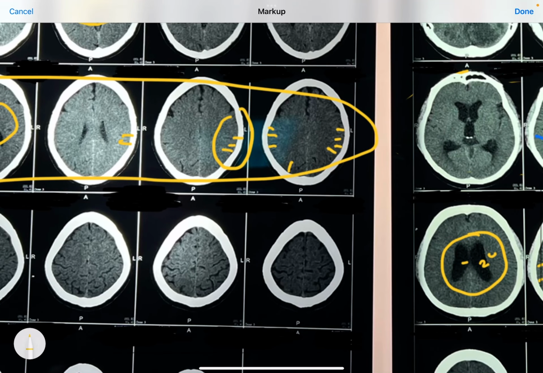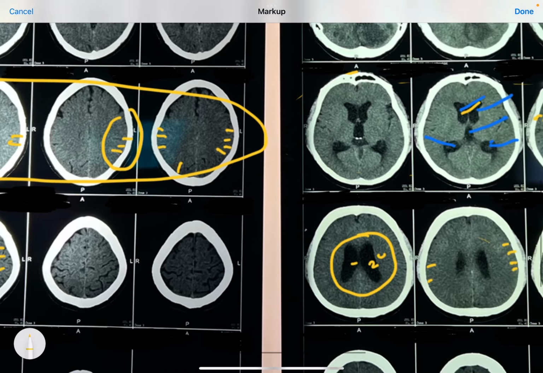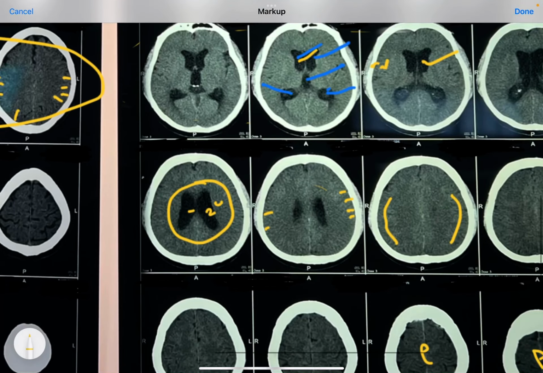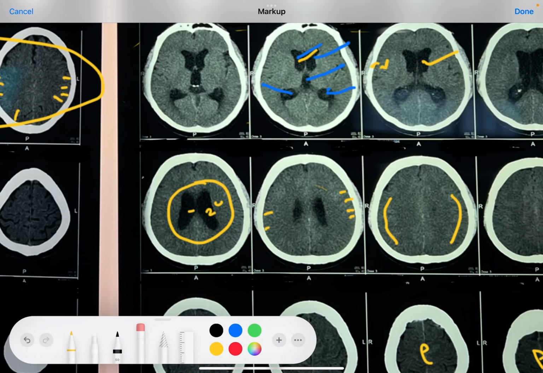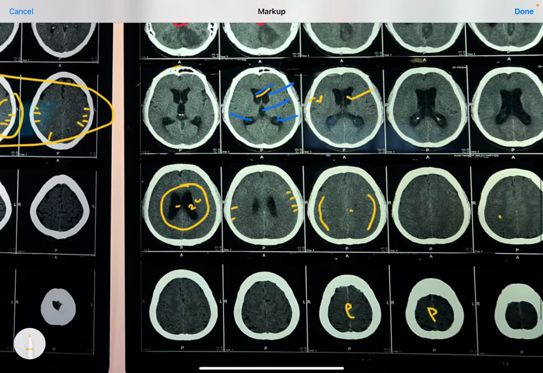But in this case, see, he has plenty of sulci because the edema is not there and the compression is not there. But because of the dilatation of these ventricles, the gray matter as well as the white matter is under pressure. That is the reason why the sulci and gyri at this parietal area are not obvious.